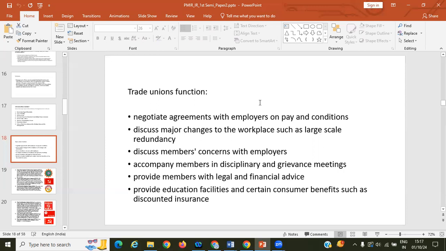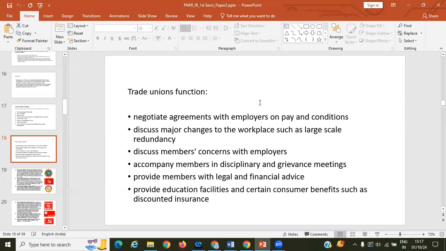Accompany members in disciplinary and grievance meetings. Suppose some member has done something or caused a loss or an offense to the organization, disciplinary action will be taken.